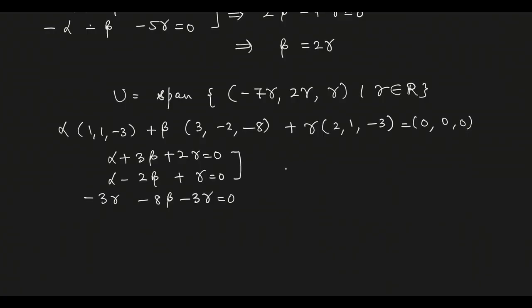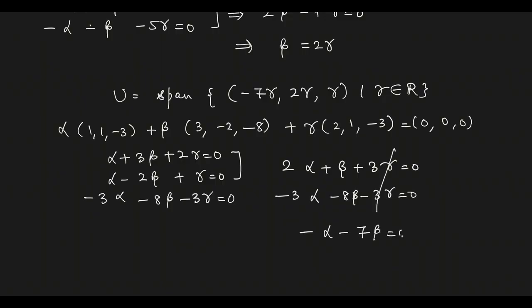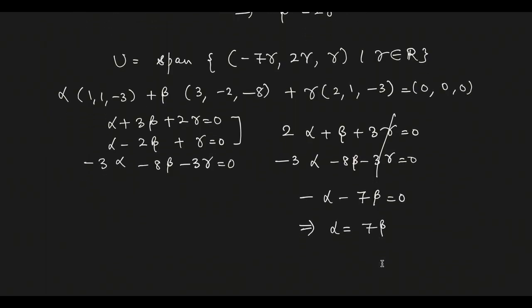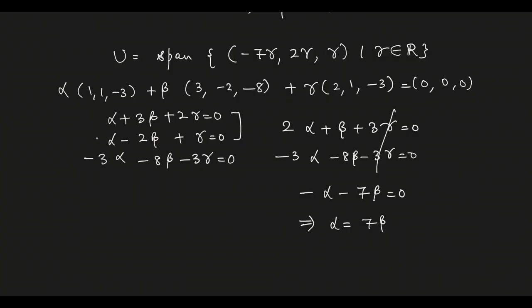So if I add these two equations, I will get 2 alpha plus beta plus 3 gamma equal to 0. And the third equation was minus 3 alpha, here it was alpha, minus 8 beta minus 3 gamma equal to 0. So this will be minus alpha minus 7 beta equal to 0. So alpha can be written as 7 beta. Now I can find gamma from this second equation, minus alpha plus 2 beta.